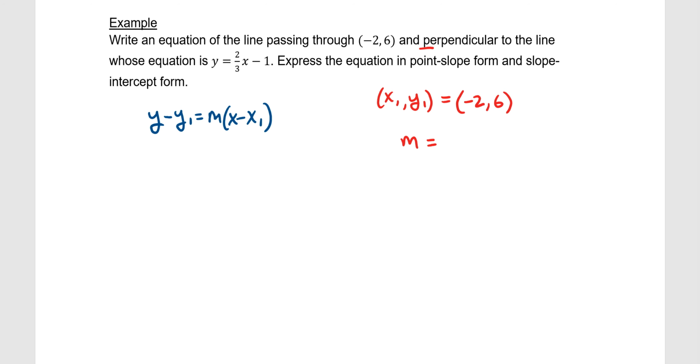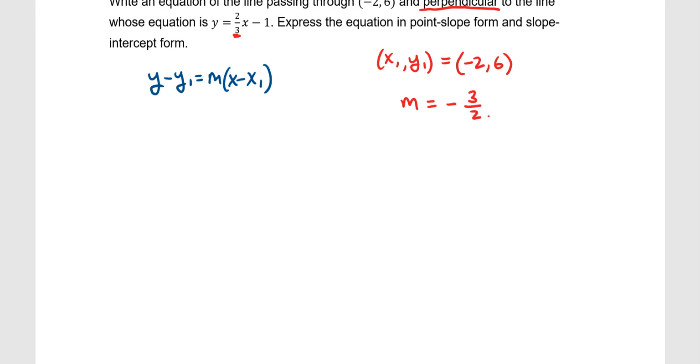And we are told that it's perpendicular to y equals 2/3 x minus 1. So our slope is going to be the negative reciprocal of this one's slope. This one's already in slope-intercept form for us. So we just have to find the negative reciprocal of 2/3, which is going to be -3/2. So -3/2 is our slope.